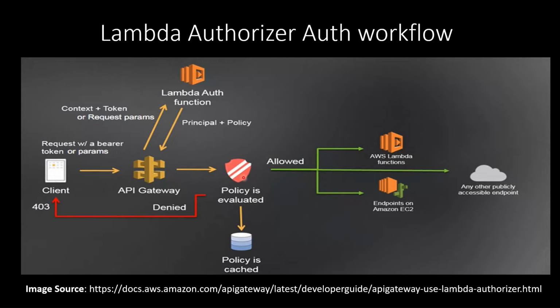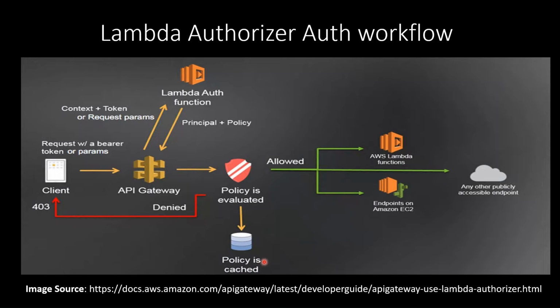API gateway evaluates the policy, and if the policy allows this API call, then the backend Lambda function or any other integration will succeed. Otherwise, the call will be denied.